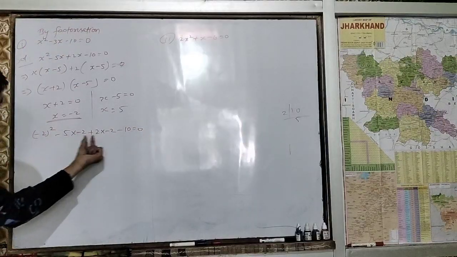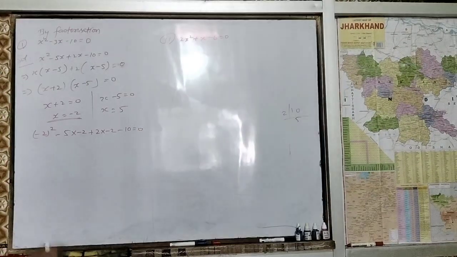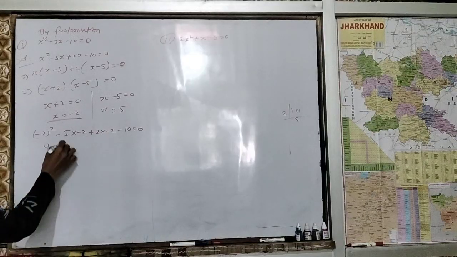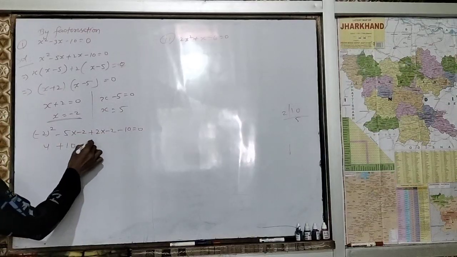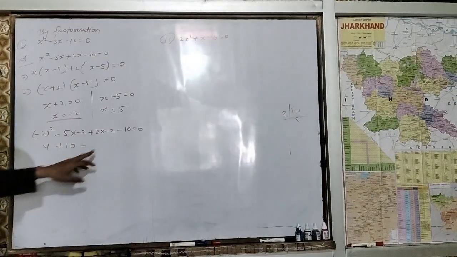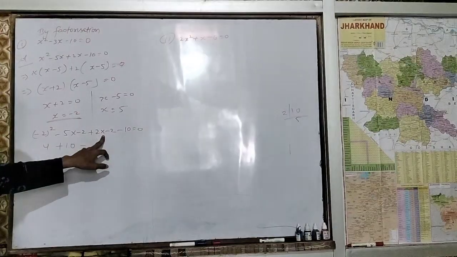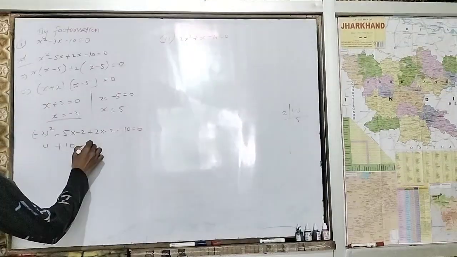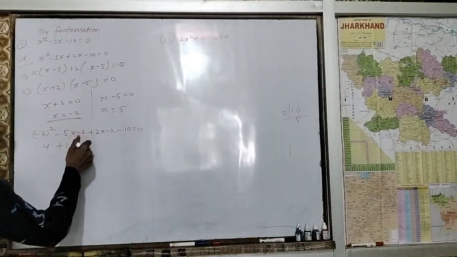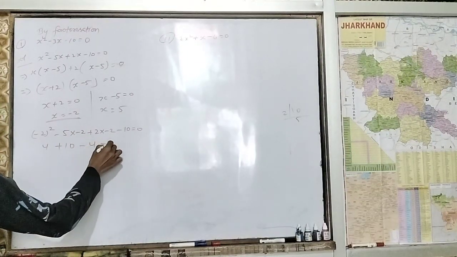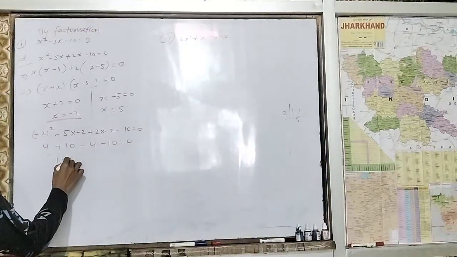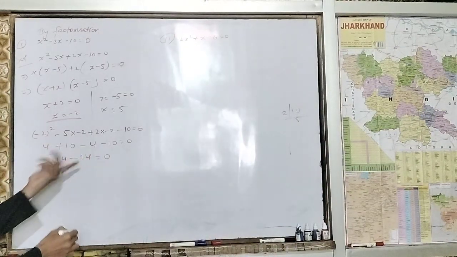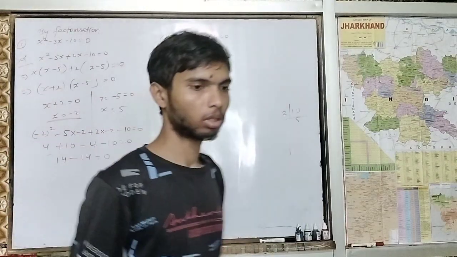You will see that this comes as 0. 4 plus 10 is 14, then minus 4, minus 10 is minus 14. 14 minus 14 is equal to 0.